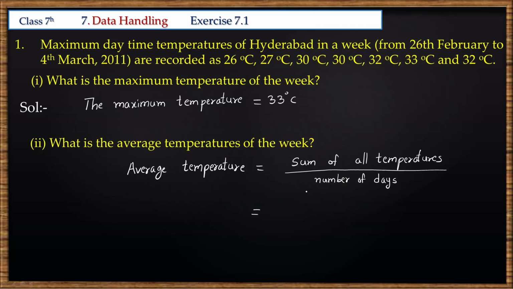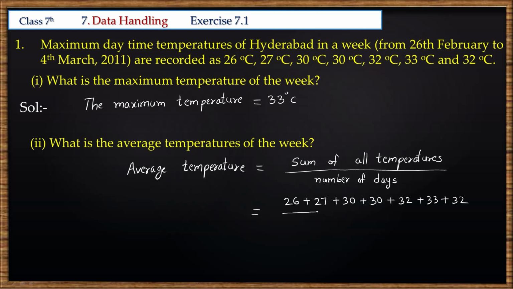That is equal to, add all the temperatures, that is 26 plus 27 plus 30 plus 30 plus 32 plus 33 plus 32. 1, 2, 3, 4, 5, 6, 7.